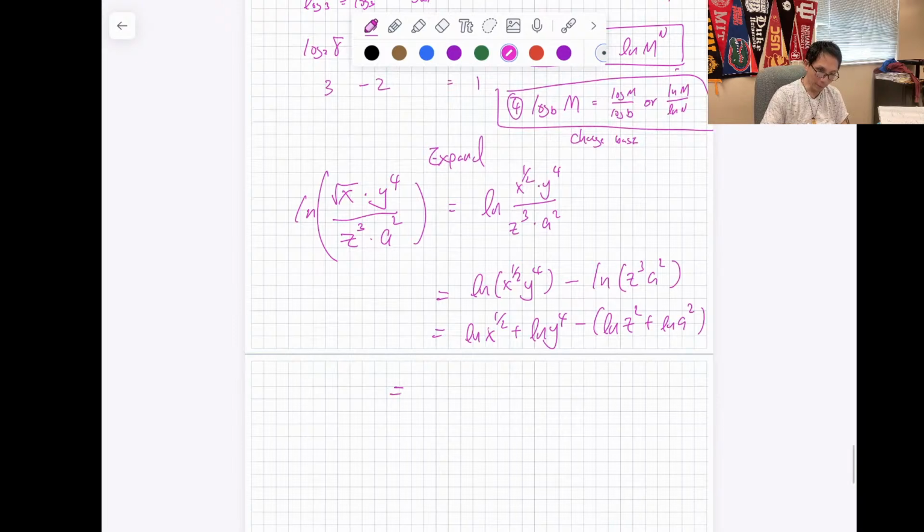Can I expand even more? Because I can put a 1/2 in the front, so it's 1/2 natural log of x plus 4 natural log of y minus 2 natural log of z minus 2 natural log of a. And that's called expansion.